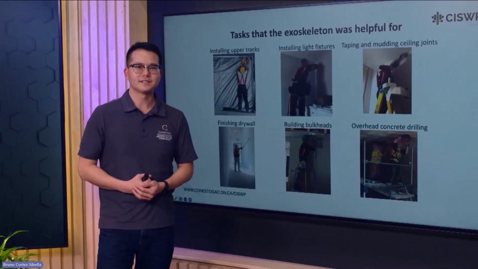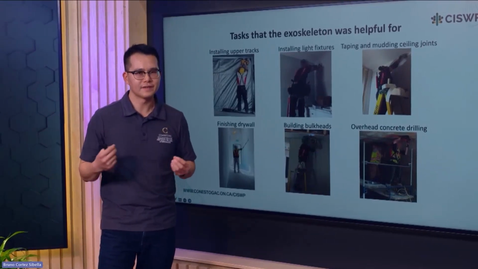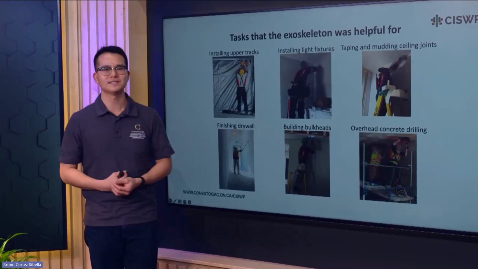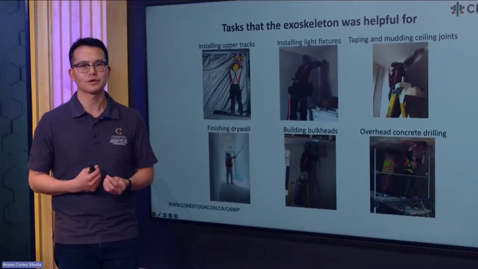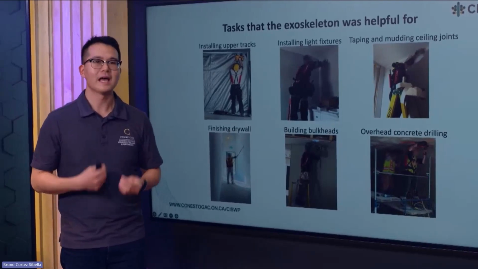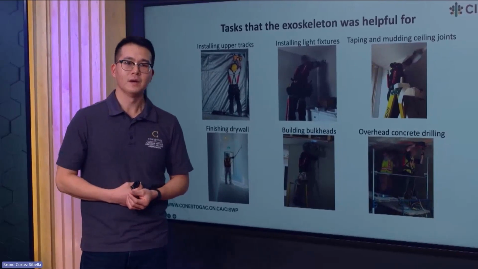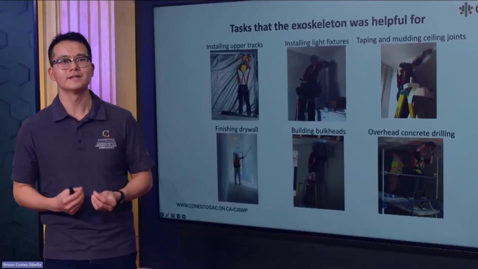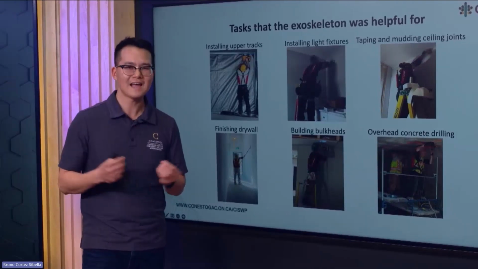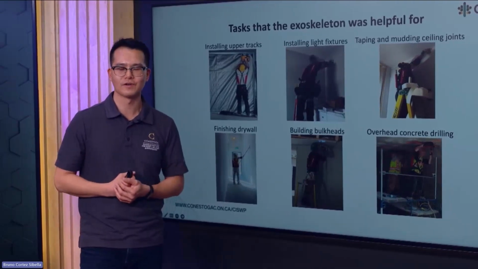Application of the exoskeleton amongst different trades across various job sites also allowed us to identify several tasks and conditions where workers found the exo to be helpful and unhelpful. When we asked the participants which tasks the exos were good for, they told us that it was helpful for any task that involved overhead work.